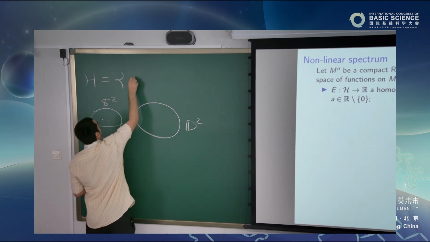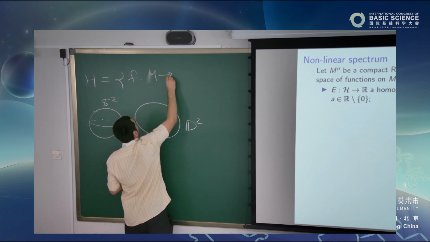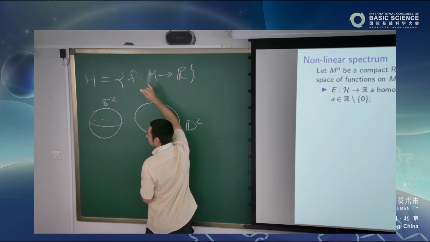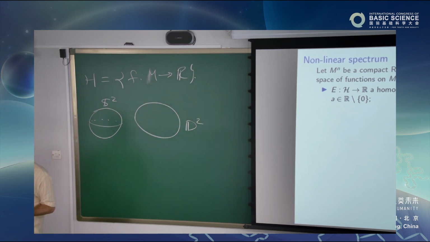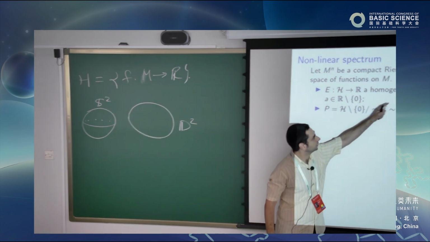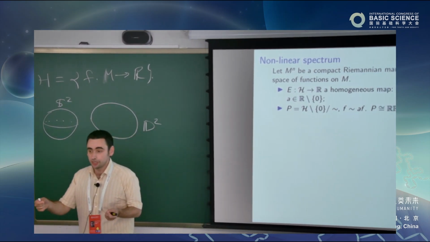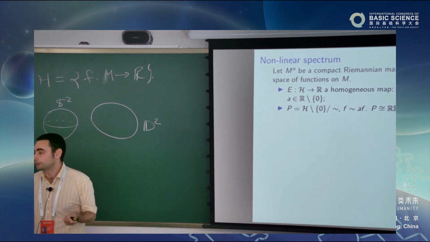And we will look at some space of functions from our manifold, maybe space of L2 functions, or if you like, a smaller space, polynomials on the disk. And we will consider a functional which is homogeneous. So if you multiply your function by some non-zero number, the value of the functional doesn't change.